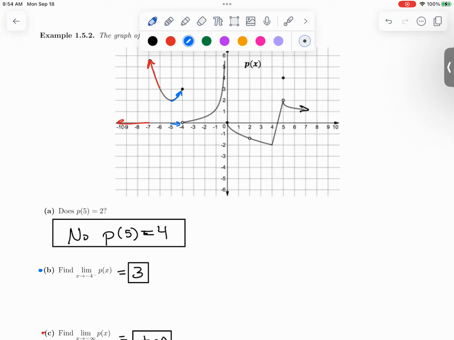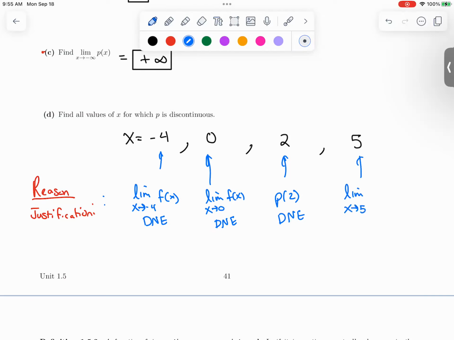It breaks the last condition. So this one is that the limit as x approaches 5 of p of x does not equal p of 5. That is the issue that breaks the continuity. Any questions on that?